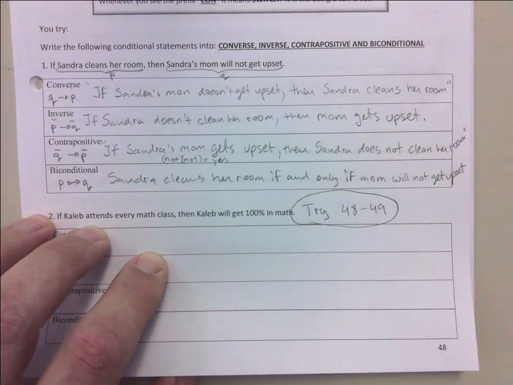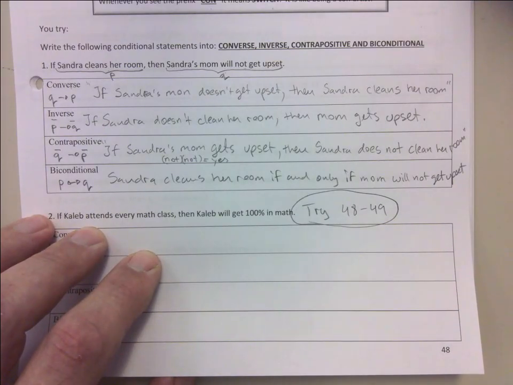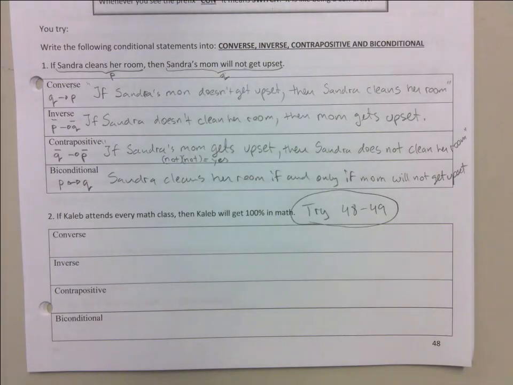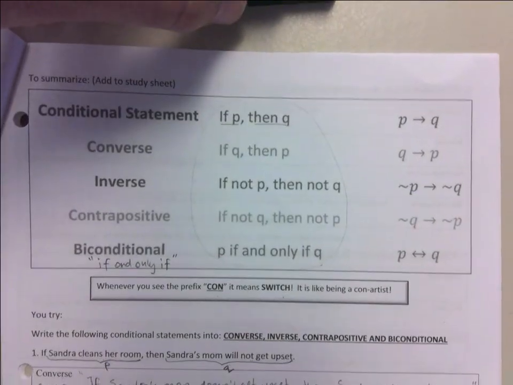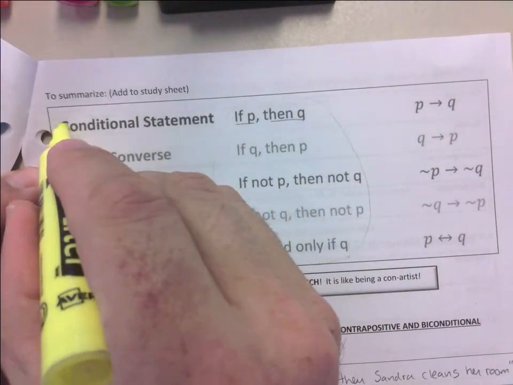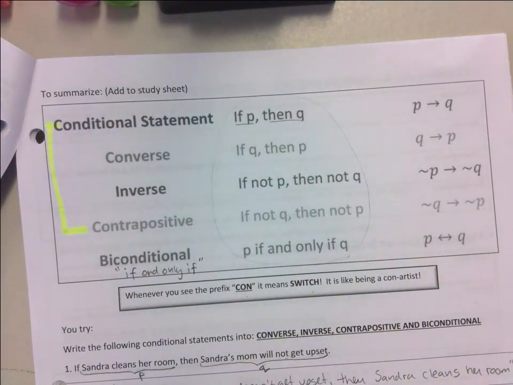We're not done yet though. One thing I want to tell you, logically, and I want to go back to the chart up top. If you're copying this, I'm just going to tell you to go back here. The conditional and the contrapositive are logically equivalent. You are saying the same thing logically. It just sounds different, but really you are saying the same thing.